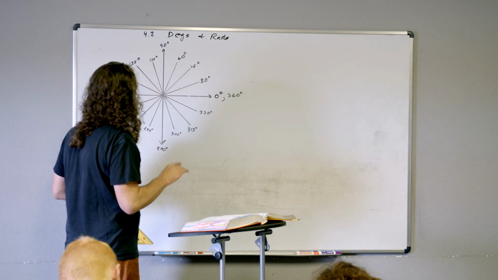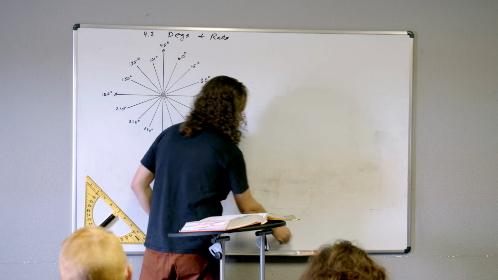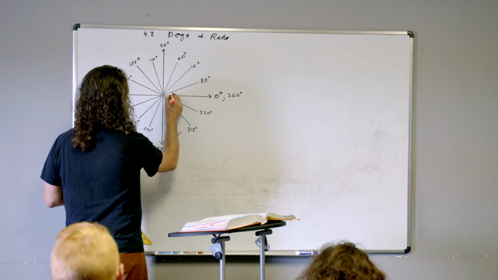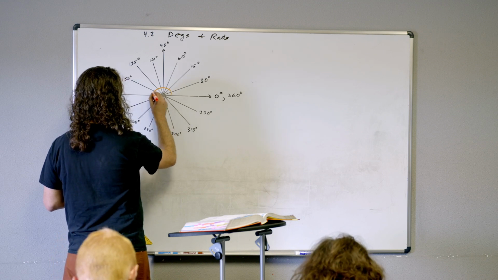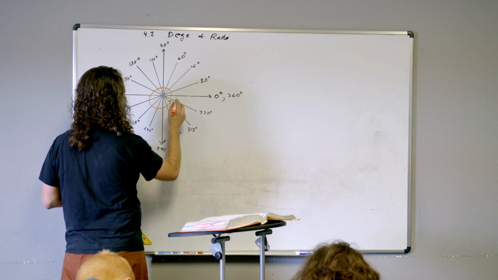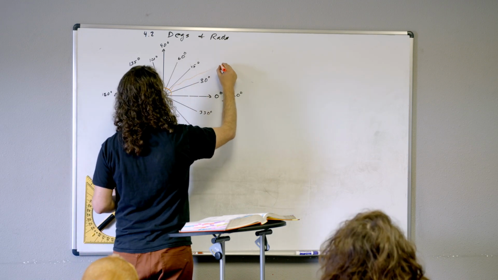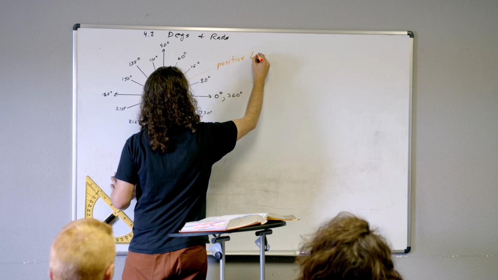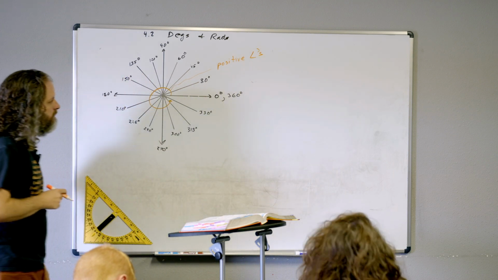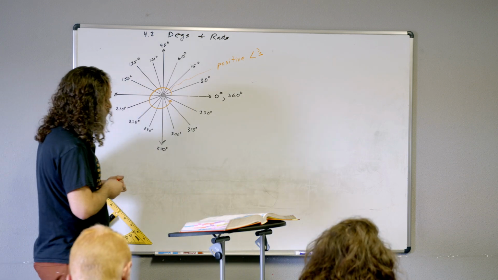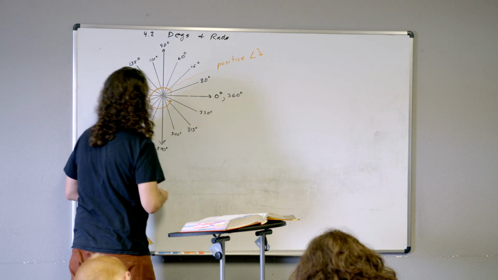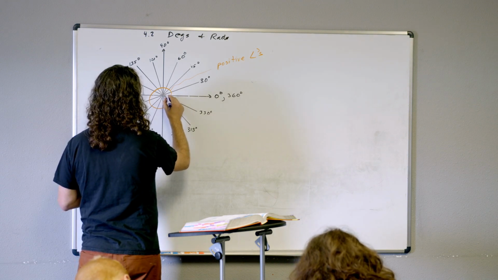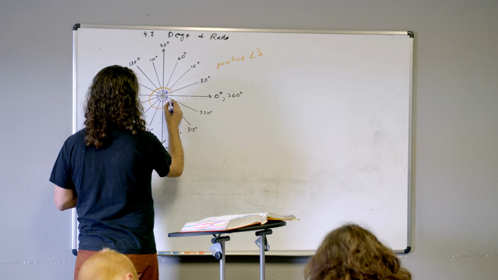So, let me change colors a little. When we're going clockwise, these angles are positive angles. Going around counterclockwise, starting at the same place, those are negative angles.